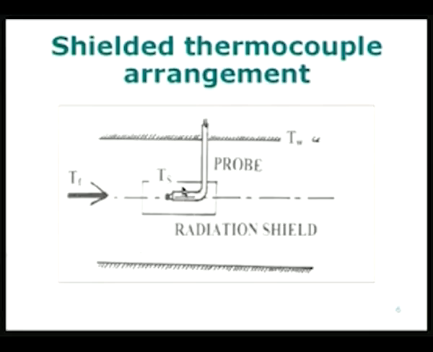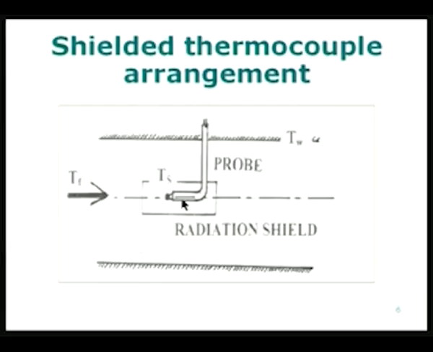Suppose the temperature is high enough that radiation is important, and if you remember, radiation is proportional to the fourth power of temperature. If I surround this probe with a shield which is usually a metallic cylinder made of highly polished material, so that it has a low emissivity, the probe is not in direct view of the wall.